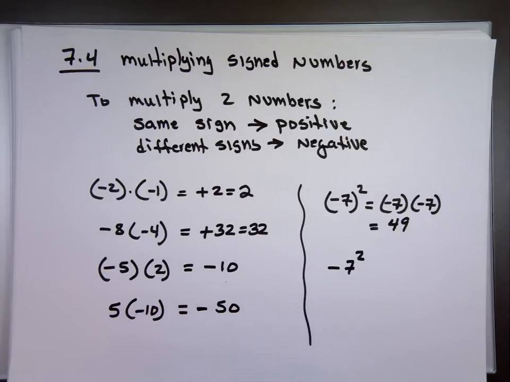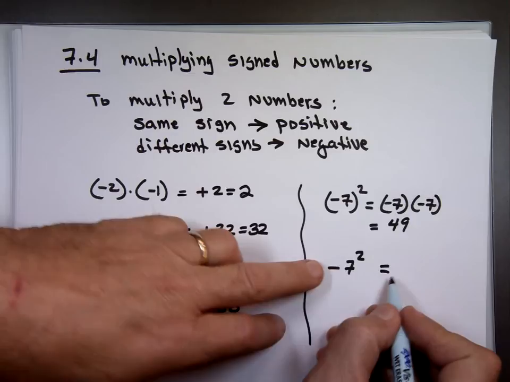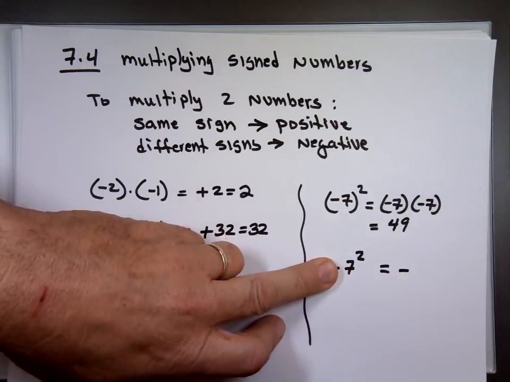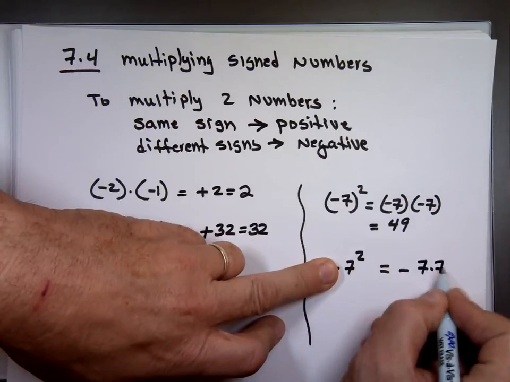How about that one? Negative 49. Why? Because it's not inside the bracket. This one actually, here's the minus sign in the front, and only the 7 is squared. And what is 7 squared? 49. It's 7 times 7, right?